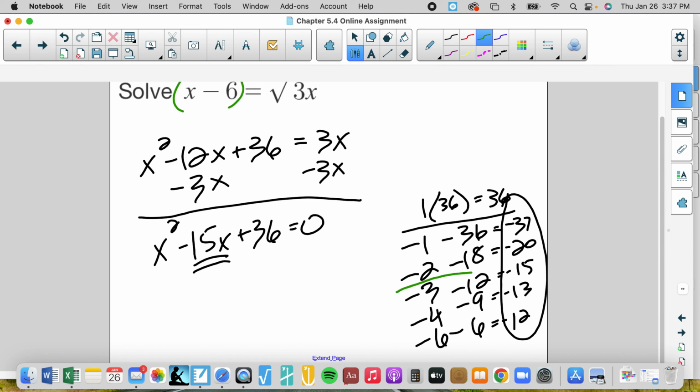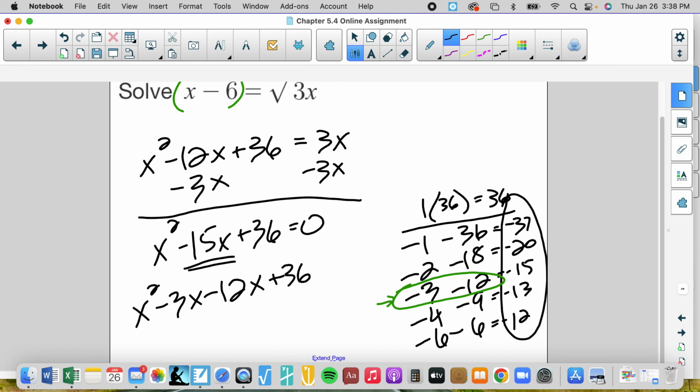So I know that my trinomial, when I break it into 4 terms, I'm going to use these values for this middle value. I'm going to split this up, and I'm going to bring my x squared down. I'm going to write negative 3x and negative 12x, because that equals negative 15x. And when multiplied, it equals 36.